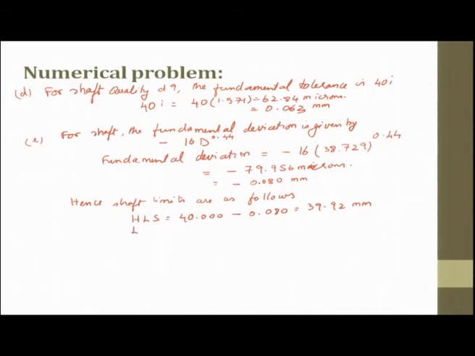Then the lower limit of the shaft is going to be 40.000 minus 0.08 plus 0.063, which is equal to 39.857 millimeter.